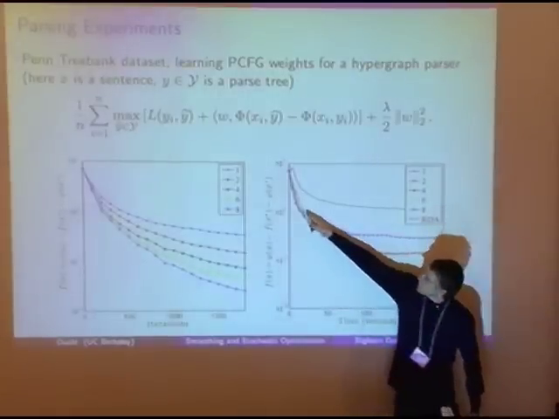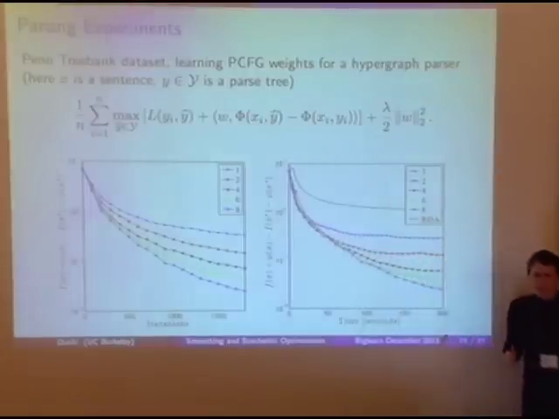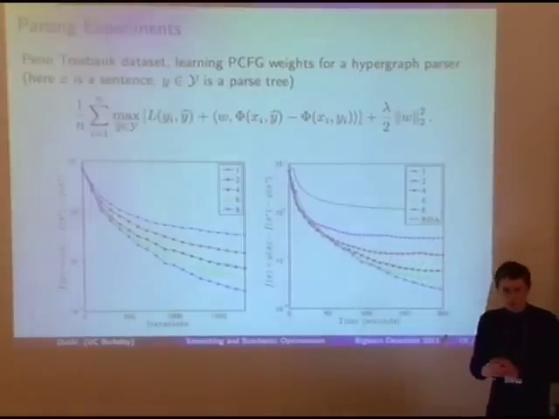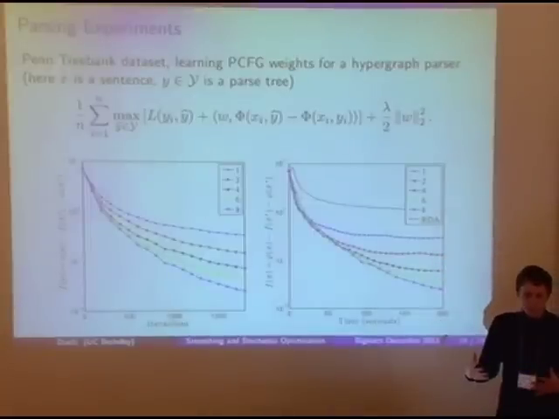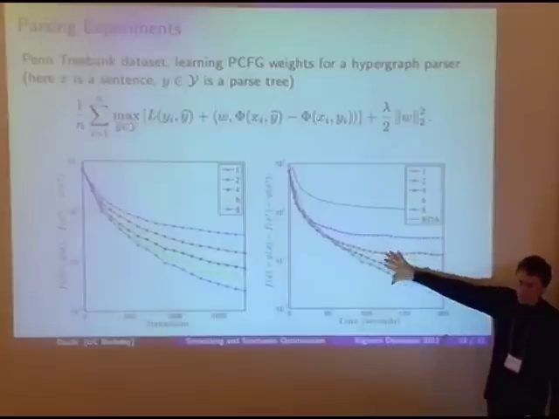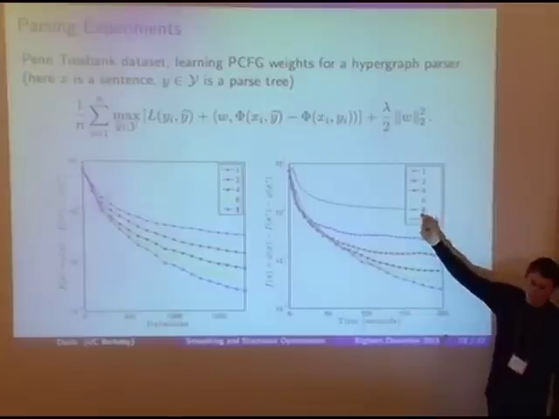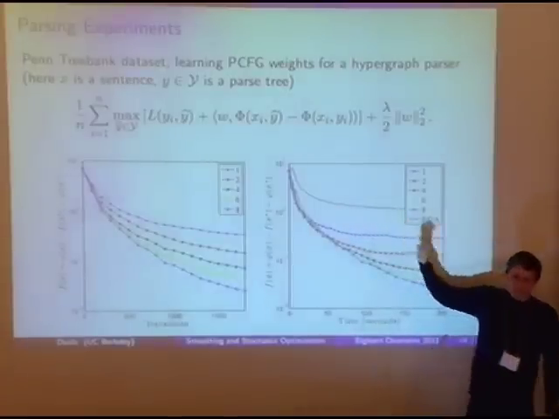At the beginning, all of the multi-threaded versions are right on top of each other, and then eventually they separate. I think this is roughly because you can only load part of this data set into memory; it's about 40 or 50 gigs if you load the whole thing. So there are some memory latencies that I haven't totally figured out, but there's still a substantial benefit to using more and more threads. And this is a Pegasos-type algorithm with a single thread.